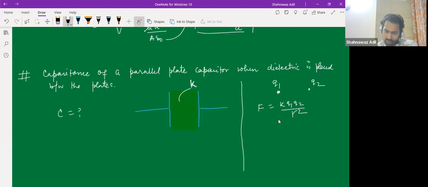Okay, so this is the Coulombic force, right? And this was equal to 1 by 4 pi epsilon naught Q1 Q2 by R square. This was the Coulombic force when there was no dielectric. This was not placed in a medium.